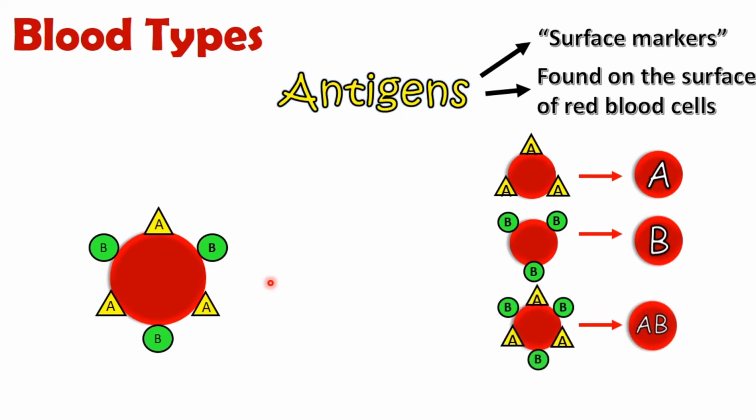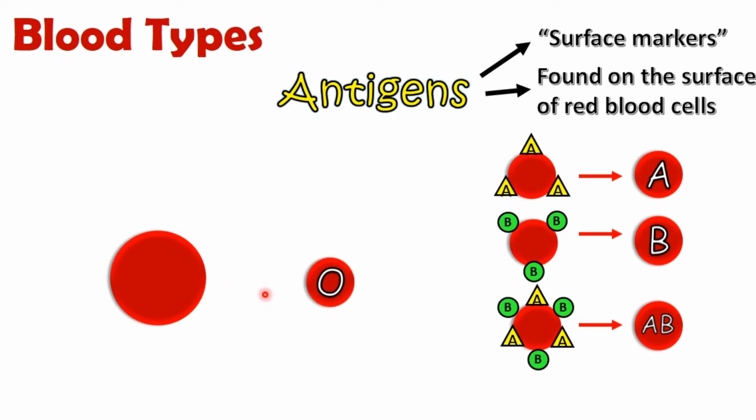And if there are none of the antigens, it means that your blood type is O. Also, you can remember it as a 0, because there are 0 antigens. So, it is considered as blood type 0.